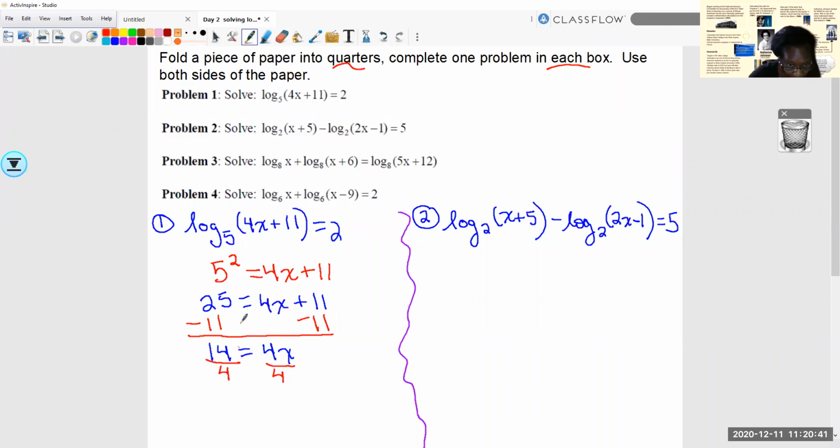So you need a lot of room for this. And we have x. And we want to simplify this. A number divided by itself is 1x. And all even numbers are divisible by 2. So 14 divided by 2 is 7. And 4 divided by 2 is 2. And this is your final answer. Yeah?